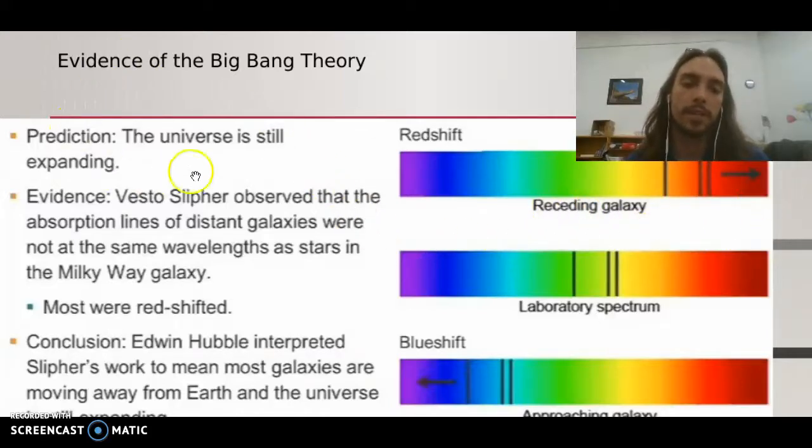So a prediction that we have from the Big Bang Theory is that the universe is still expanding. And we have two guys, Vesto Slipher and Edwin Hubble.